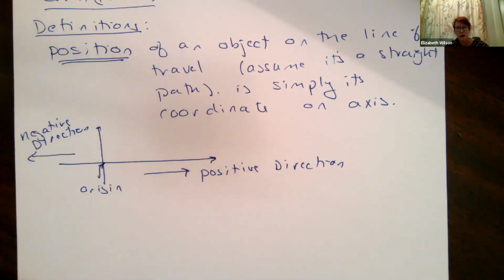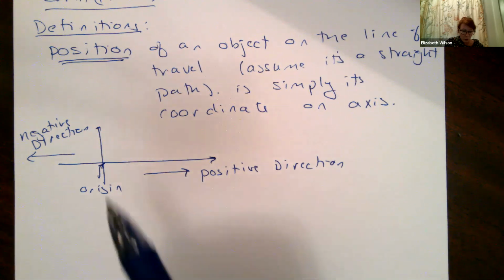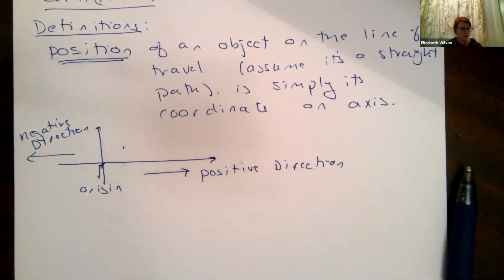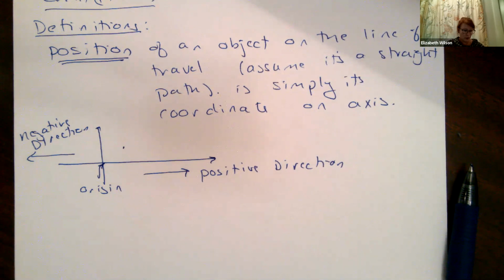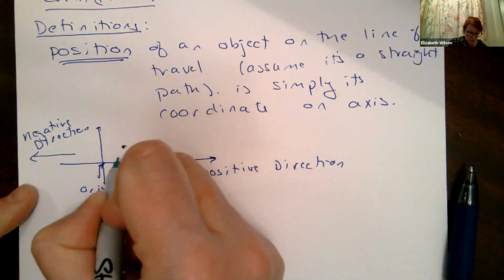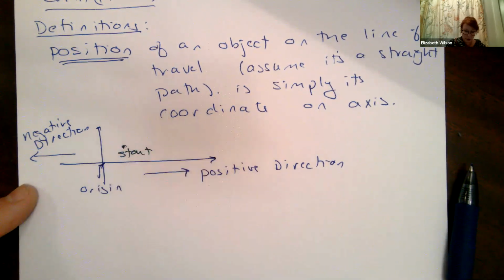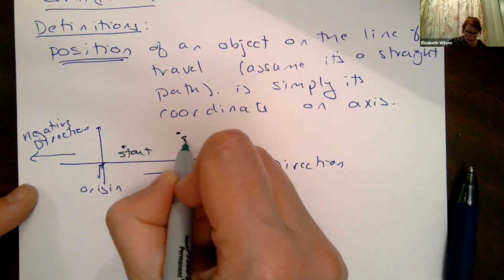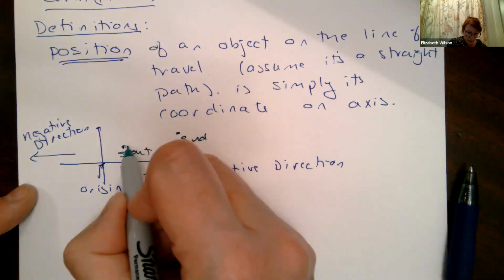negative position. I'm not talking about it specifically, but I'm leading into the concept of vectors versus scalars, right? So position is going to be a vector, right? Where I start, like you can imagine, let's do this. So I start here and say I end here, okay?